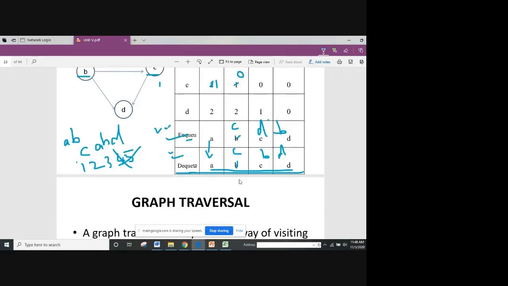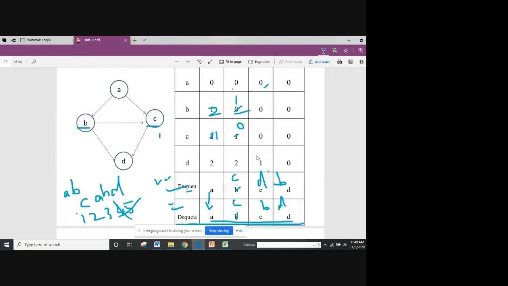Ma'am, if in one step the in-degree of two vertices is 0, then we'll DQ anyone first. Any one only first. Then in the next step, for example, B and C are 0, so you are DQing B, that means you are NQing and DQing B. Maybe in the third step you will have 0 for C also.